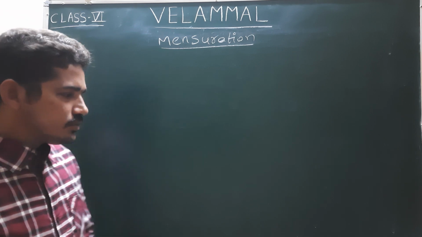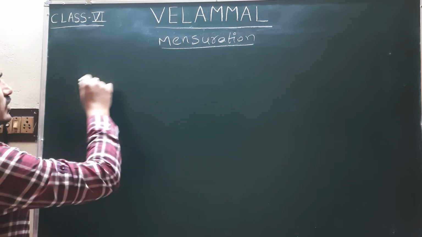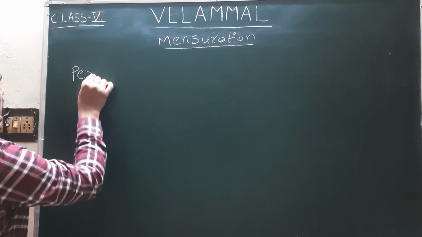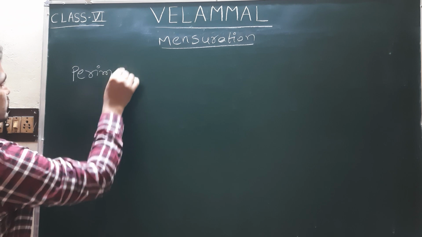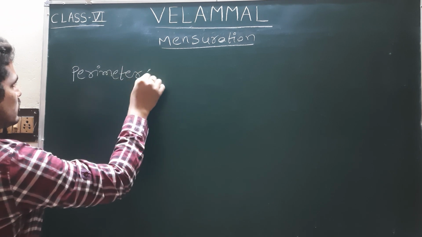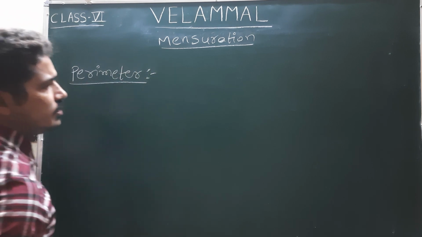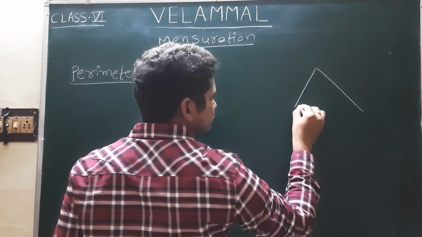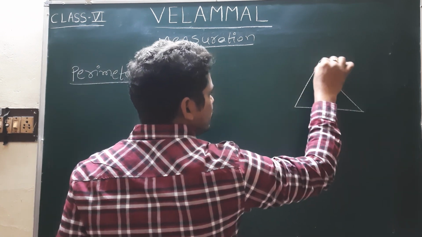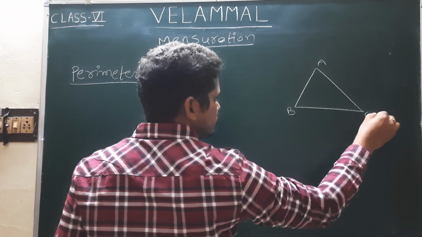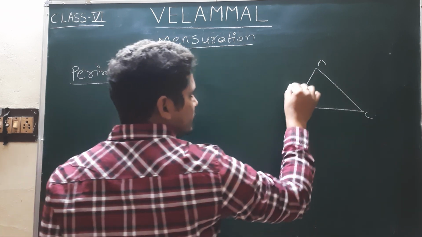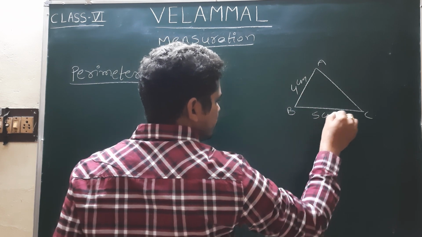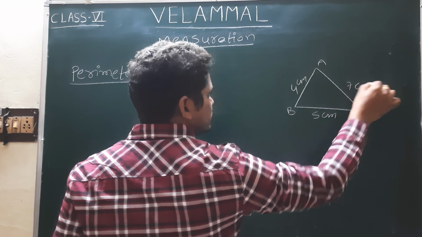Whenever we say calculating the boundary, that we call the perimeter. See, for example, I am taking a triangle ABC. For example, the sides are 4 centimeters, 5 centimeters, and 7 centimeters.